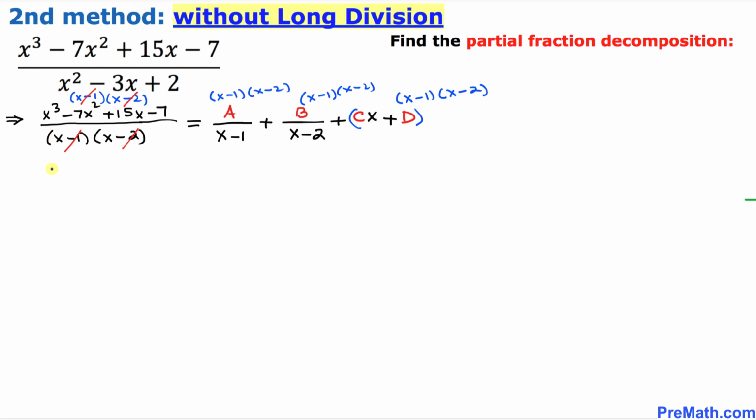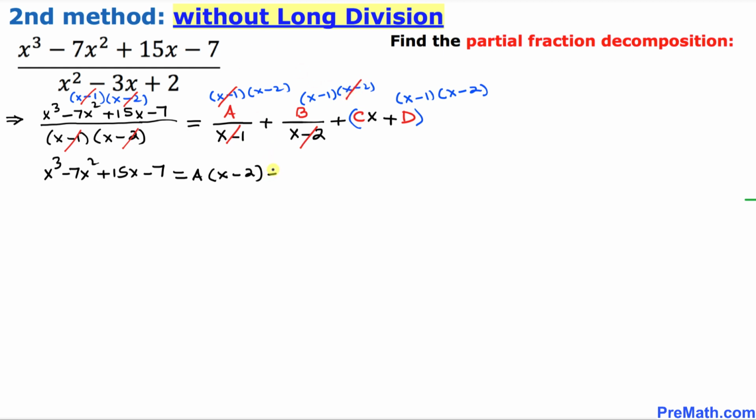So we are ended up with only x to the power 3 minus 7x squared plus 15x minus 7 equals to, on the right hand side, this x minus 1 is gone with this x minus 1. So we got a times x minus 2. Likewise, next one is going to be x minus 2 is gone with this x minus 2.